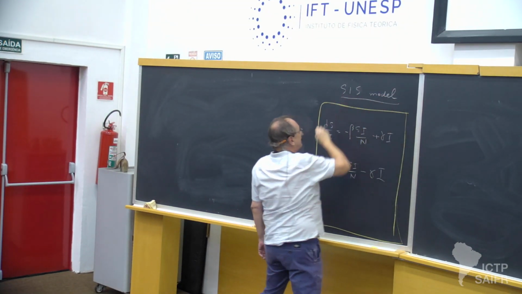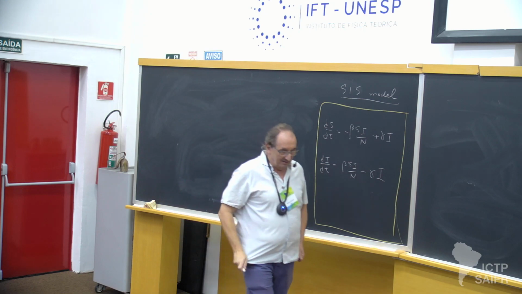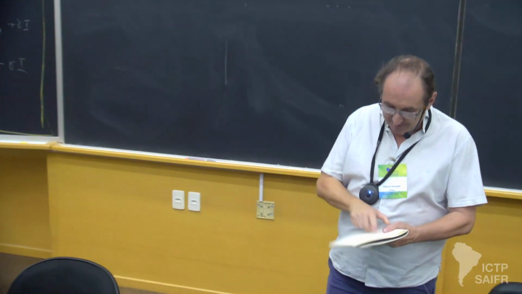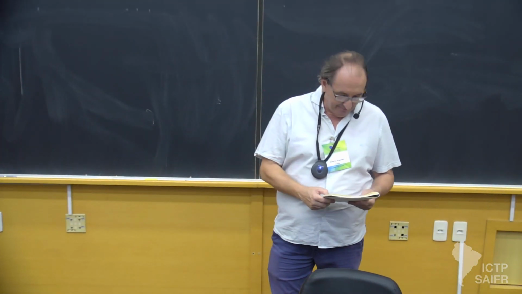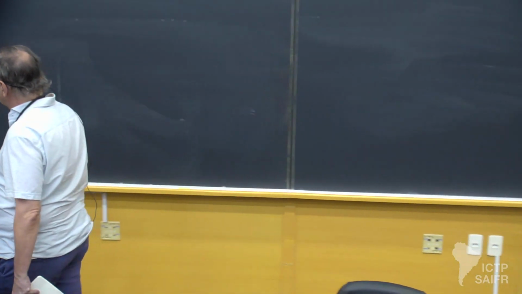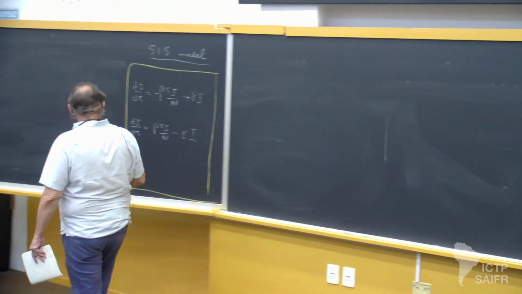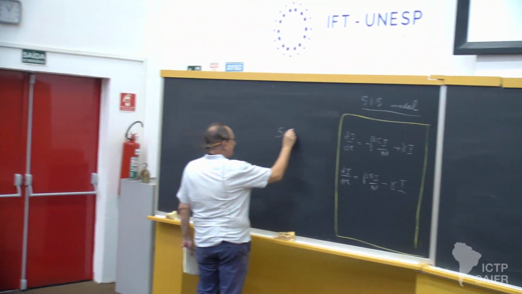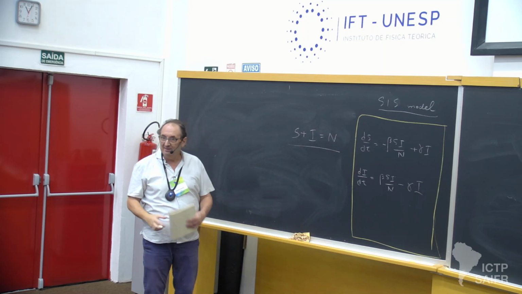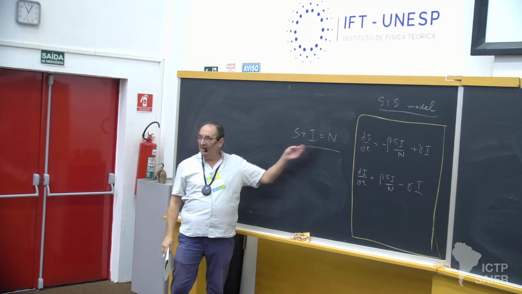And so now there comes a small piece of algebra and some manipulations, which will take us to a very simple form for this equation. So first of all, remember, the population is constant, equal to N. Therefore, S and I are not independent.